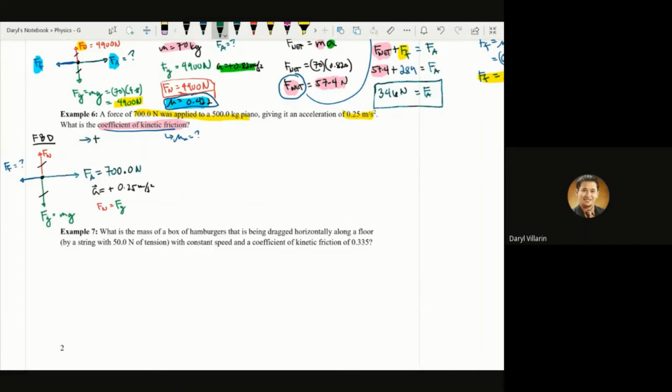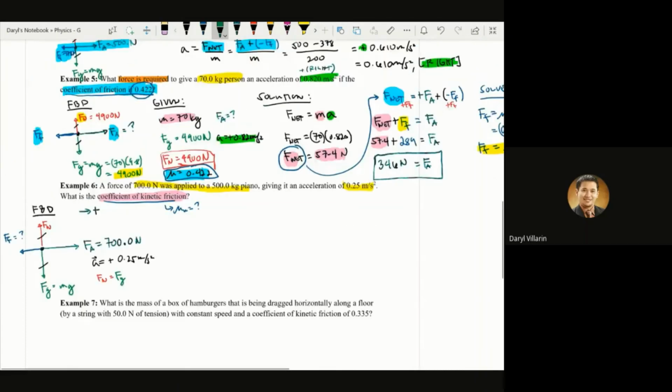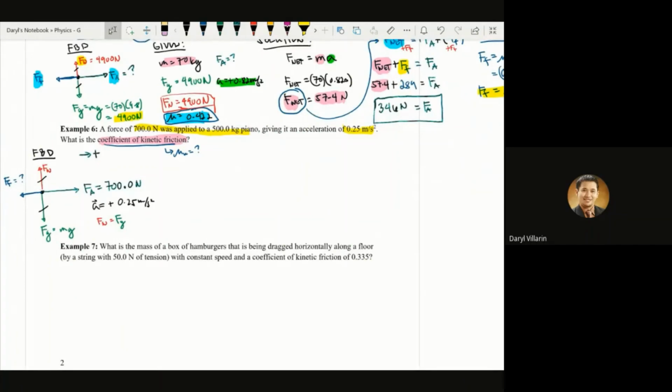Maybe kindly just recheck your example number 5. I think I miscalculated the 70 and 9.8. It should be 686. So if you can change that one out, that should be 686 newtons.